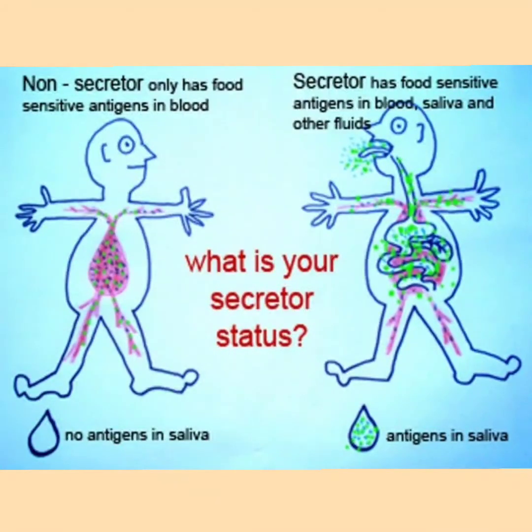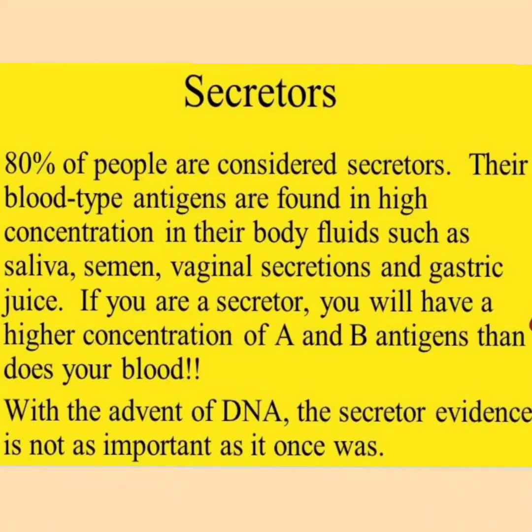So these antigens can be detected in the saliva. 80% of the people are considered secretors. Their blood type antigens are found in high concentration in their body fluids, such as saliva, semen, vaginal secretions and gastric juice. If you are a secretor, you will have a higher concentration of A and B antigens than does your blood. With the advent of DNA, the secretor evidence is not as important as it was once considered.